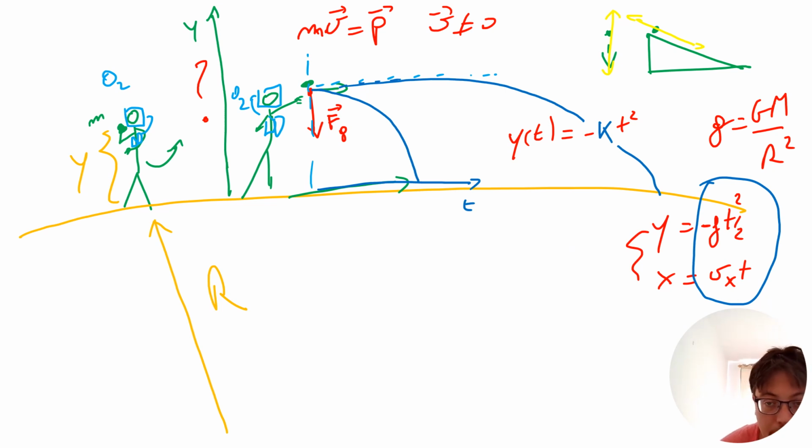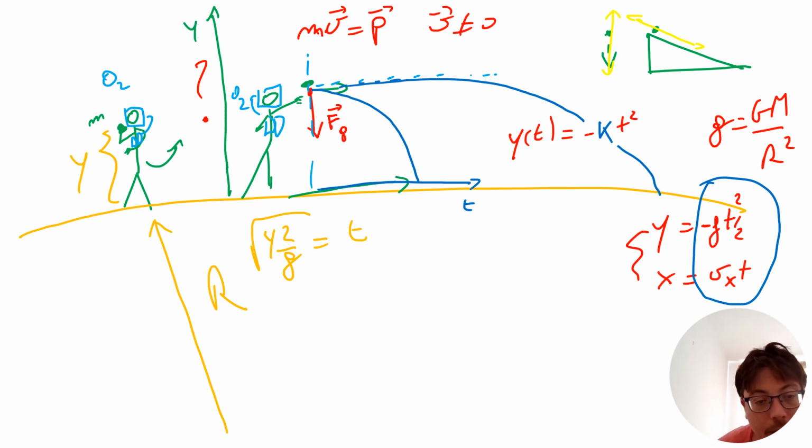So we know that y equals g t squared over 2, so the time is the square root of 2y over g. Okay, this is the time. We need to find the time that it takes to get to the ground.